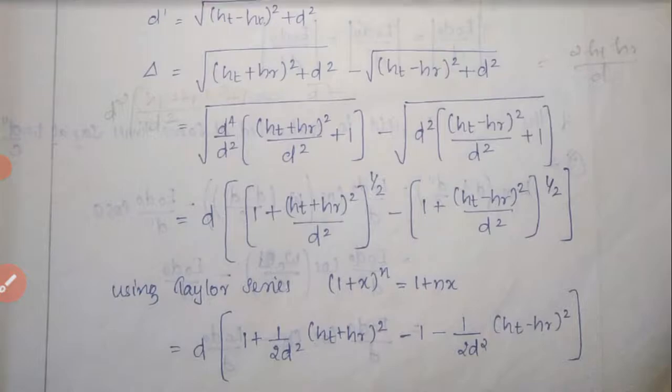Here we have a 1 plus x term, where x is (HT plus HR) the whole square by D square, and n here is 1 by 2, so it is equal to 1 plus n x, that is 1 plus 1 by 2 into (HT plus HR) the whole square by D square. Similarly, using that you have to simplify this expression. Just try to do it by yourself. While you are writing this in your notes, you have to do the simplification also.